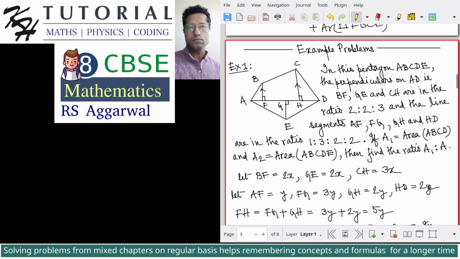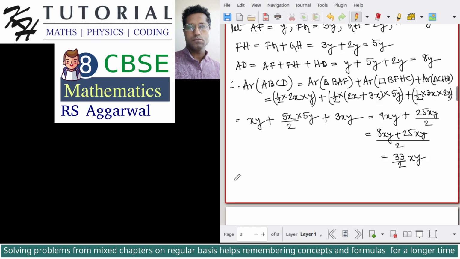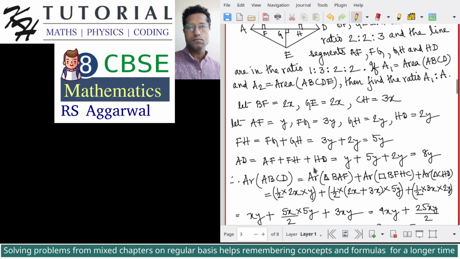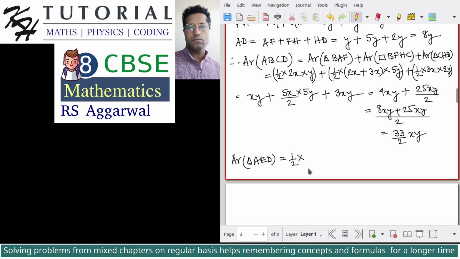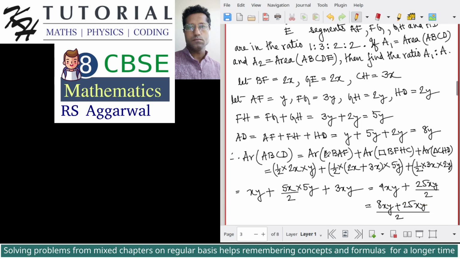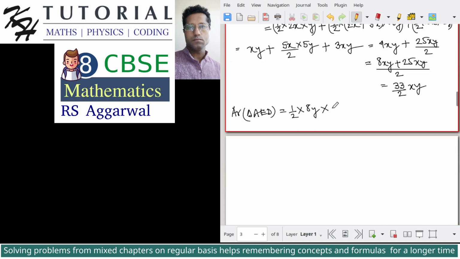Now what will be the area of the whole pentagon ABCDE? For that we have to find the area of the triangle AED. Area of triangle AED is equal to half, AD is the base. What is AD? AD is 8y, multiplied by the height GE, which is 2x. This becomes 8xy.